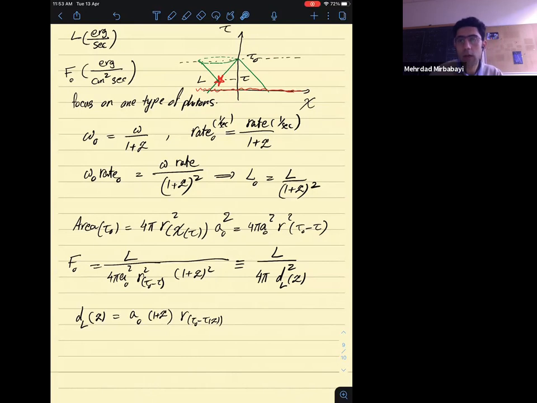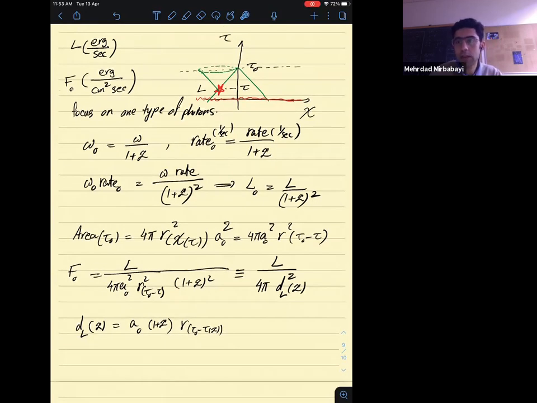Of course, one point is that there is a lot of degeneracy in this problem, right? We basically measure one function of z, but there are various unknowns in this system. You can have different matter contents, or different energy contents, or different spatial curvature.